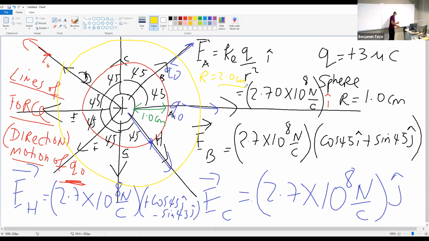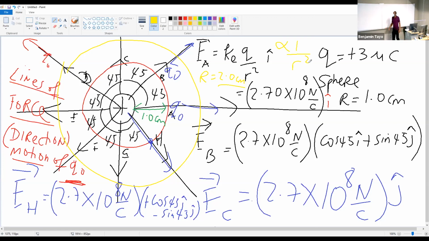If I double the distance, the magnitude of the force is going to reduce by 4. So again, we said that the strength goes as 1 over distance squared. If I triple the distance, the force is reduced by 1 over 9.